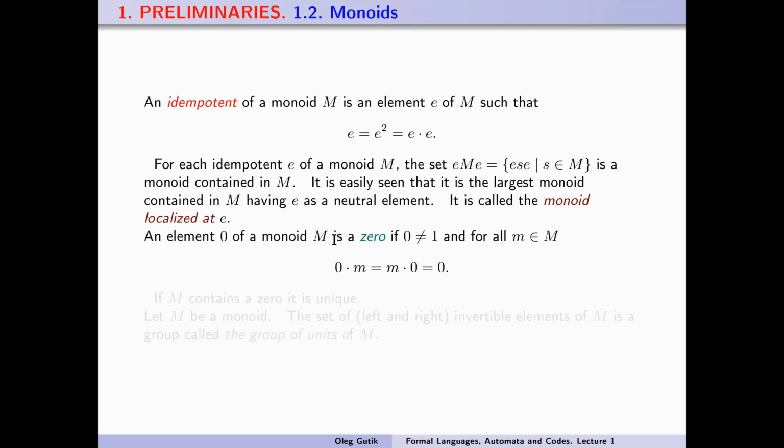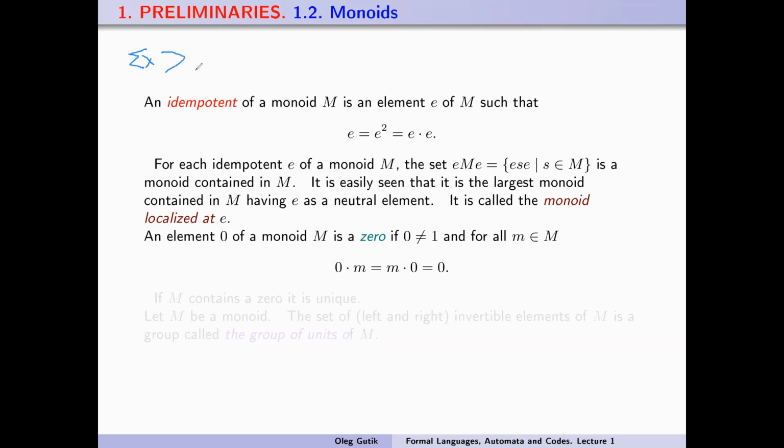An element 0 of a monoid M is called zero if it is different from the neutral element, and for any element m from the monoid M the following condition holds: 0 multiplied by m is equal to m multiplied by 0, which is equal to 0.